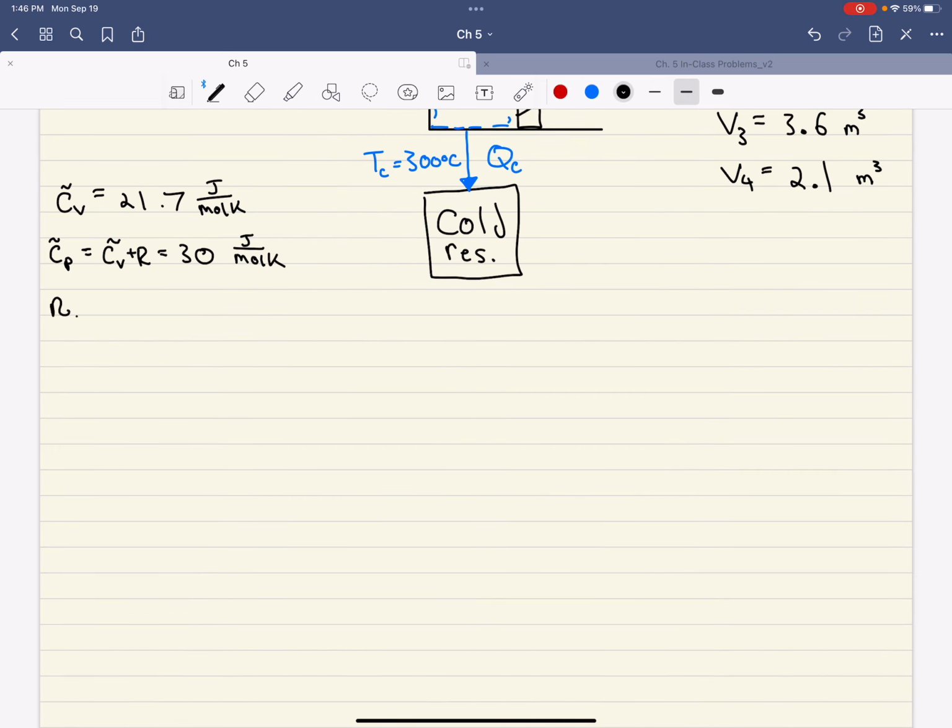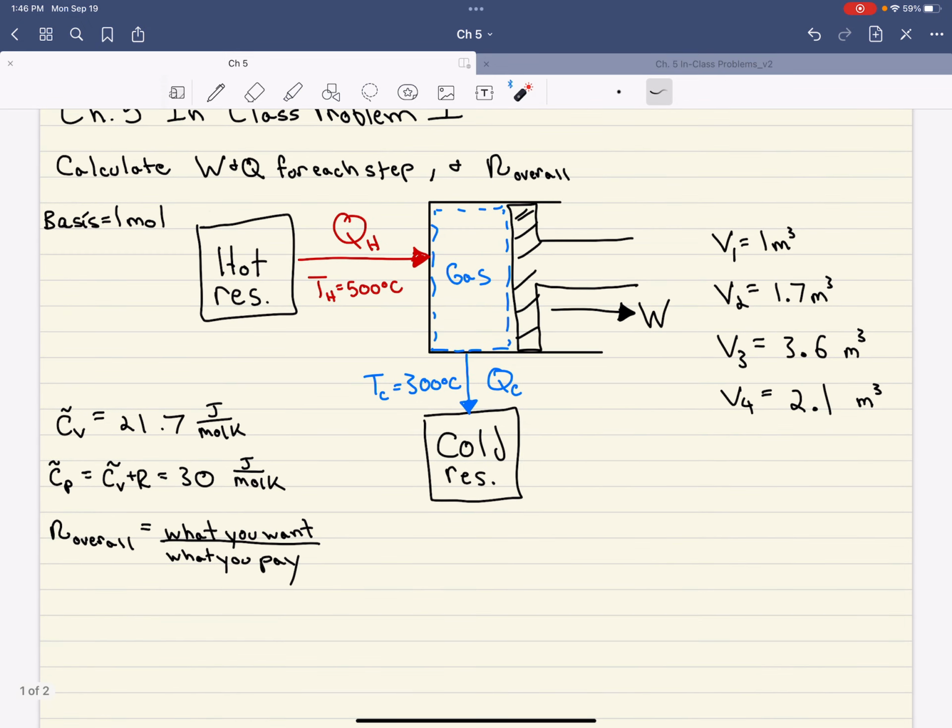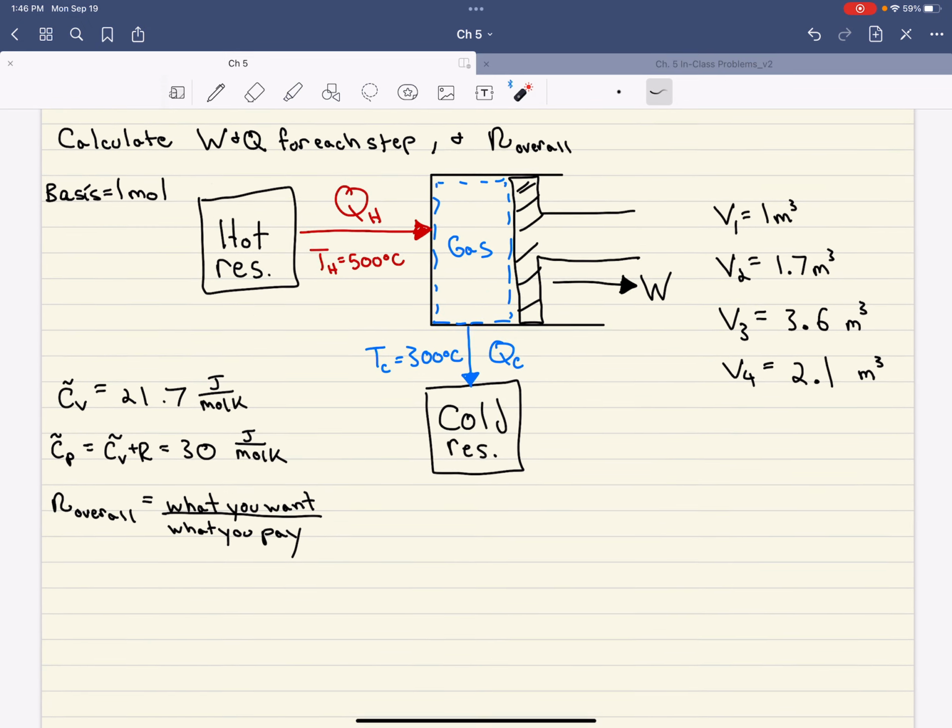of our Carnot cycle, right? And when you're thinking about efficiency, just always remember this definition, that it's going to be what you want. So in our case, for this cycle, we want work, or we want power. And then what we want to pay is we have to donate some heat to the cycle, some energy.